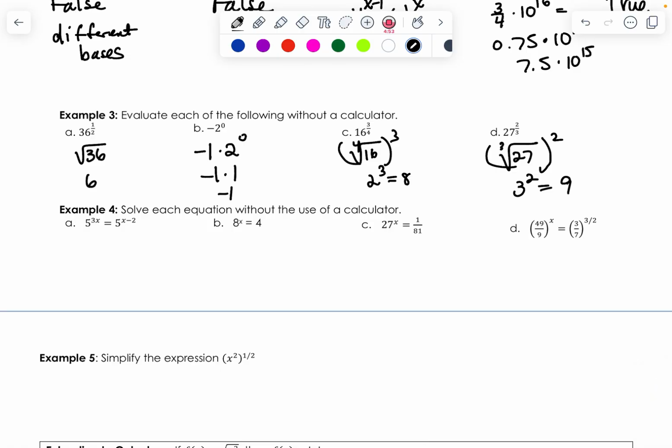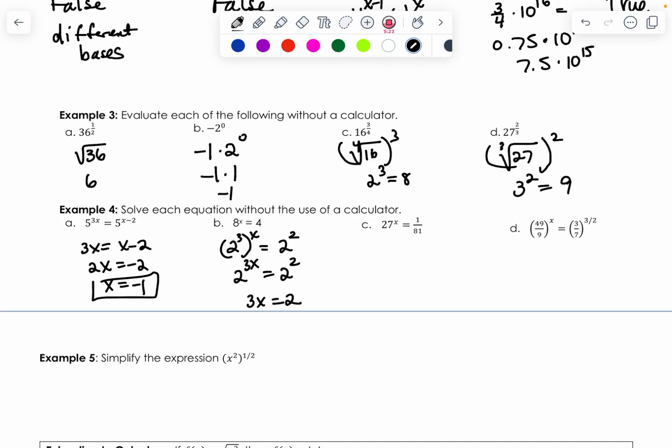All right, then in this one, you want to see if you can get the same base. So the bases are equal, so then that means their exponents are equal. So in this one, x is negative 1. All right, just to remind you, 4 squared is not 8, so 2 cubed is 8. So then that's a power to a power, so you multiply the exponents.